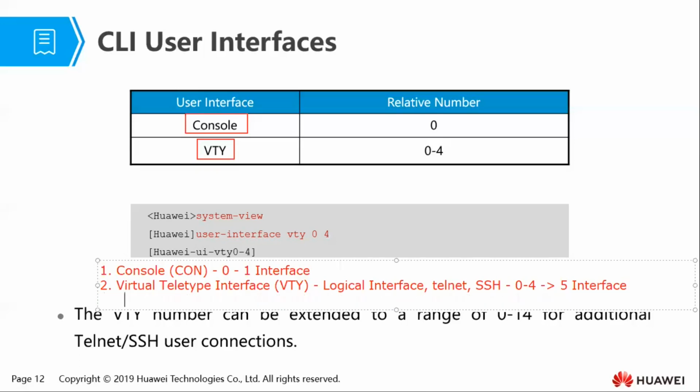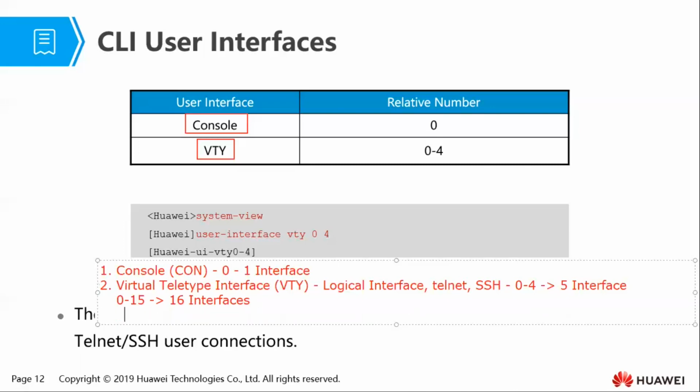However, with the VTY you can extend that from 0 to 4 to 0 to 15. When you have 0 to 15, it means you can have 16 interfaces at the same time.